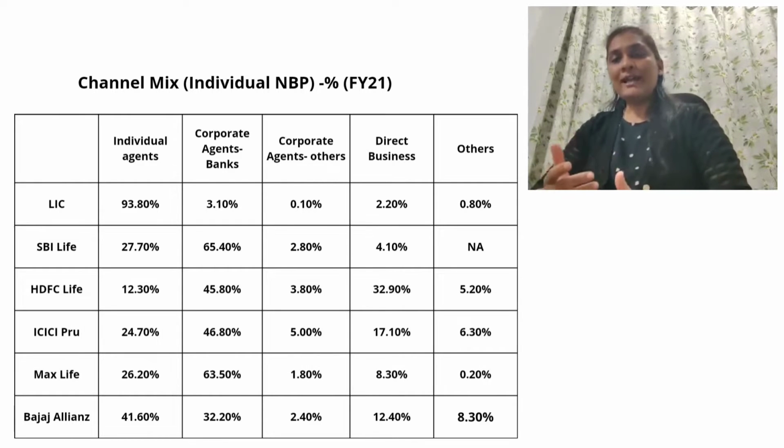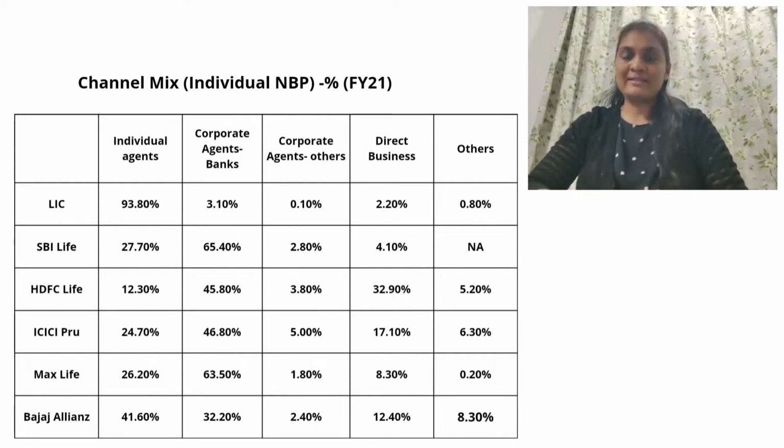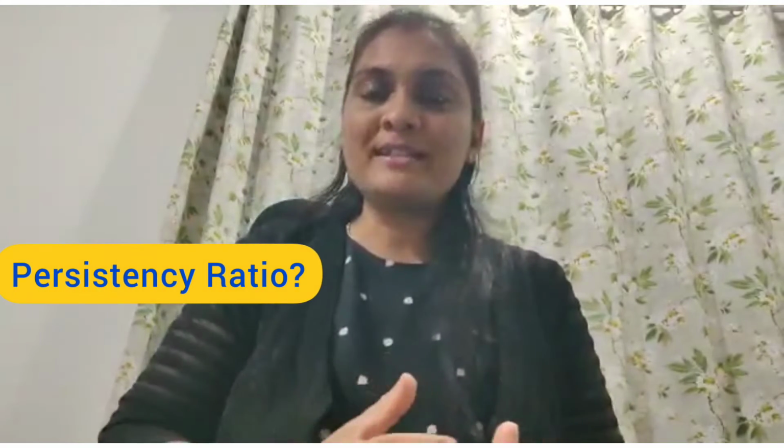But on the other hand, we can see that LIC lags in banking and direct to consumer channels. Now let's understand what the persistency ratio is for insurance companies.